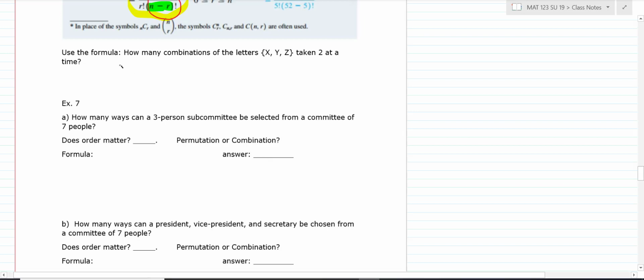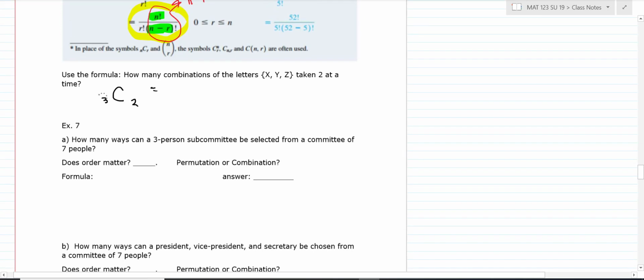The problem we just did had a combination, 3 letters taken 2 at a time. So the formula goes like this. This is your n factorial, so we'd say 3 factorial over r factorial, which is this number. Then we subtract those two in this order, 3 minus 2 factorial. That's how that gets put together.